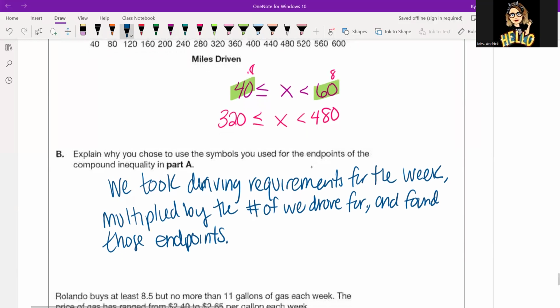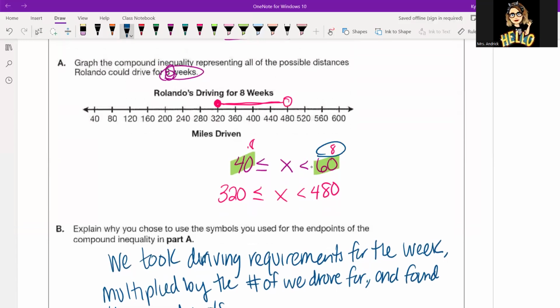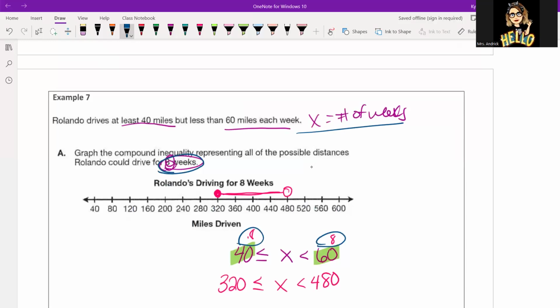Okay. So yeah, that kind of makes sense. So we're just explaining that we multiplied that by 8 since it says 8 weeks, and this is what he had.